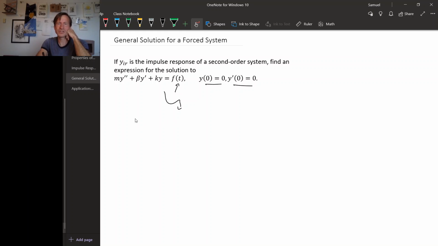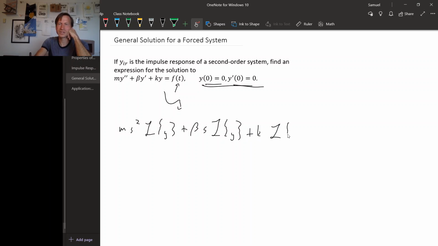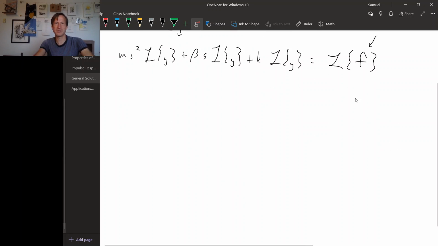Okay, so take Laplace transforms on both sides. As usual, all the terms involving the initial conditions drop out, and we get ms squared times the Laplace transform of y plus beta s times the Laplace transform of y plus k times the Laplace transform of y equals the Laplace transform of f, which, we don't know what f is, but whatever it is, the Laplace transform of f shows up on the right-hand side.